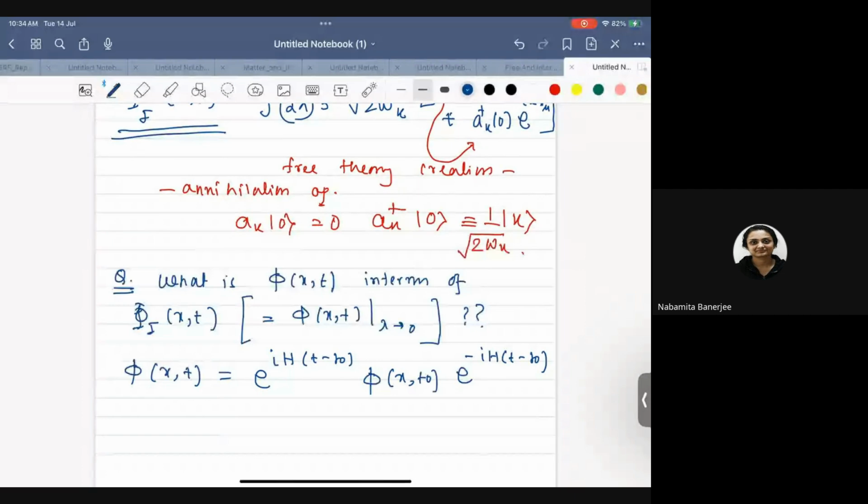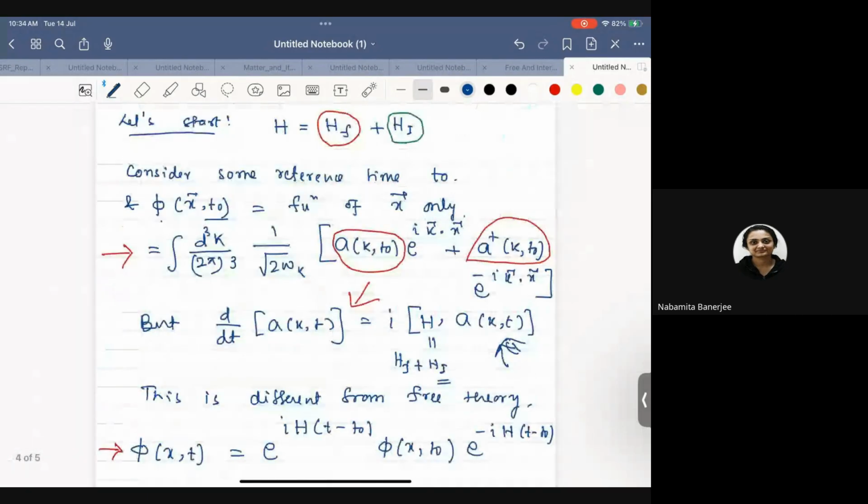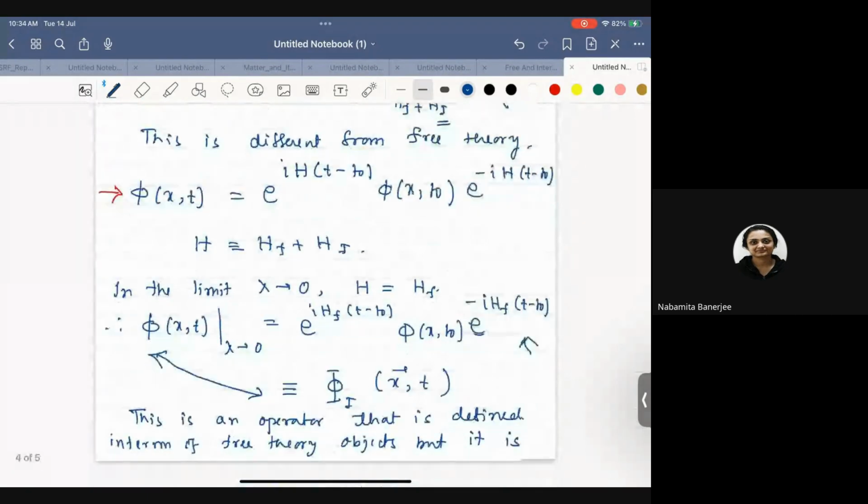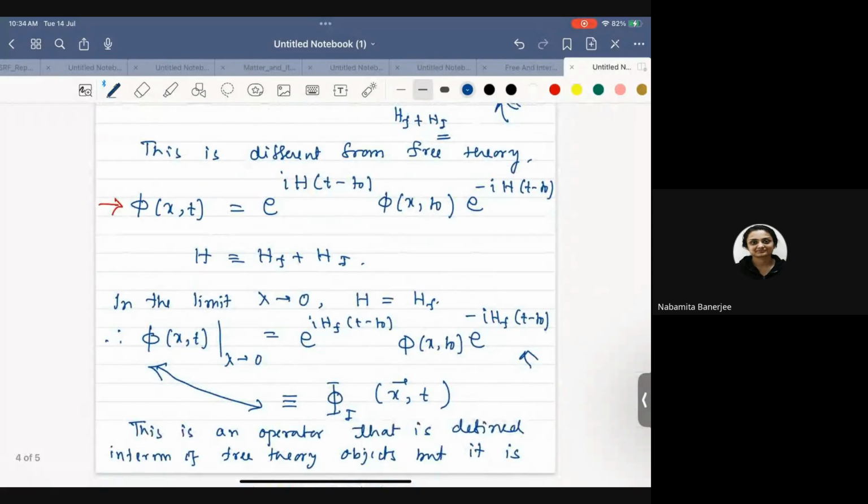That's what I have written. So you all agree with this relation. And now recall something interesting. You recall this entire expression, which was equated to phi I.